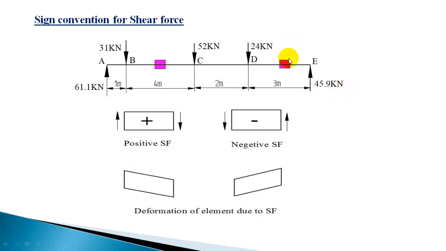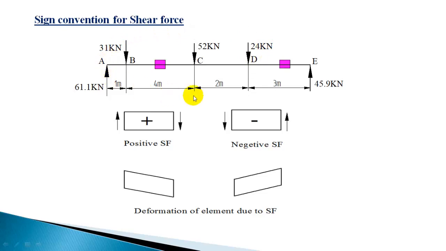Now let us consider an element here. This will be subjected to forces like 61.1, minus 31, minus 52, minus 24. The resultant is definitely going to be a downward force. So there will be a downward force, that is a shear force, here, and on the right side there will be an upward force, that will be 45.9.